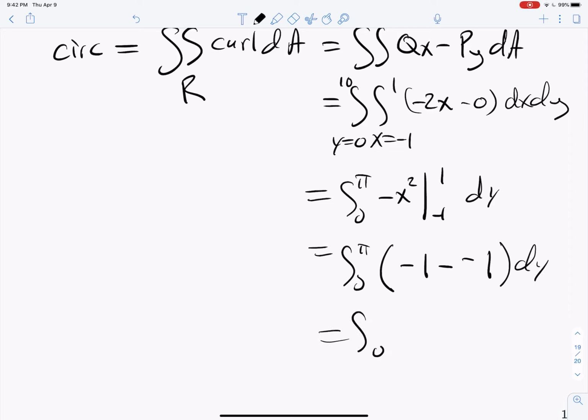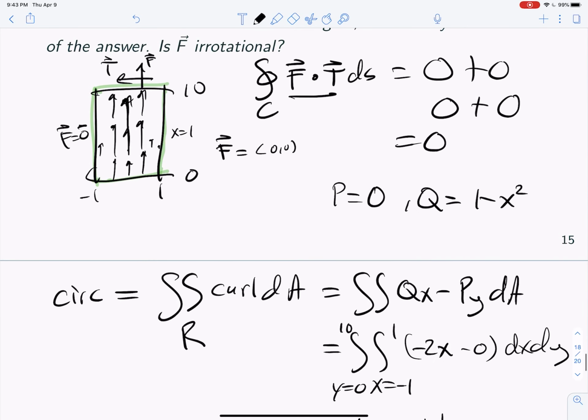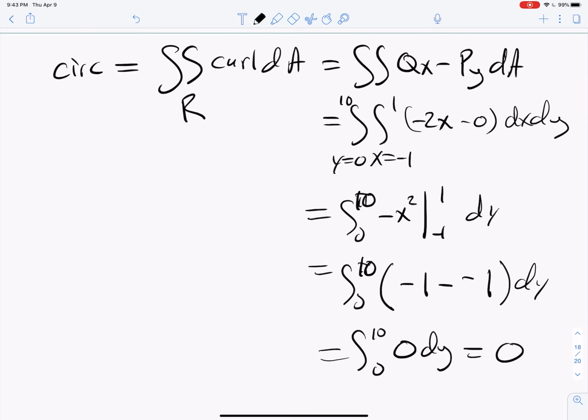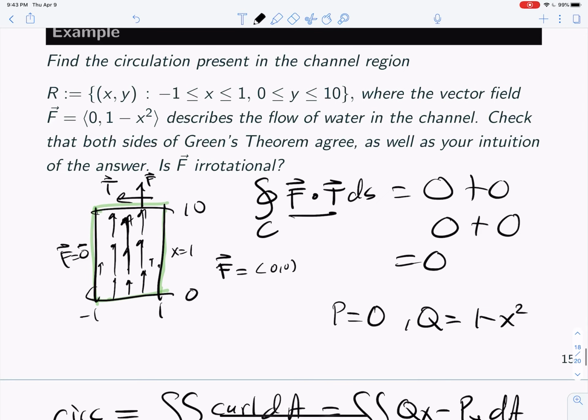And if I integrate from 0 to 10, 0, I'm going to get 0. Okay, so if we do the double integral, we get 0 as well. That's good because, you know, Green's theorem is true. We should get the same answer both ways. And there you can see that we do, in fact, get the same answer both ways.